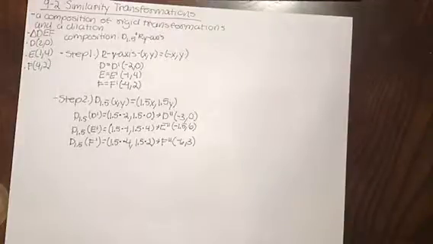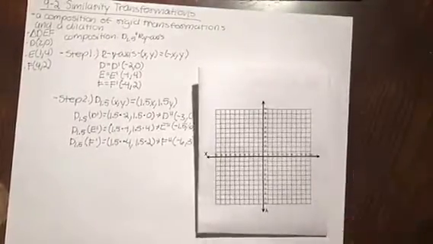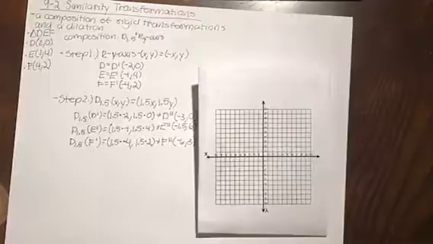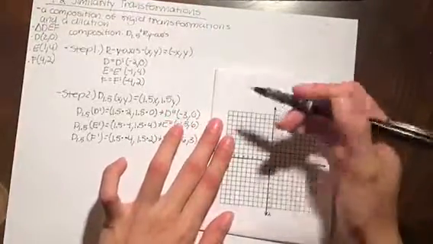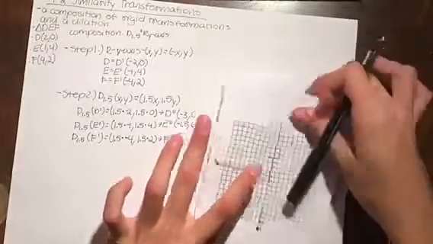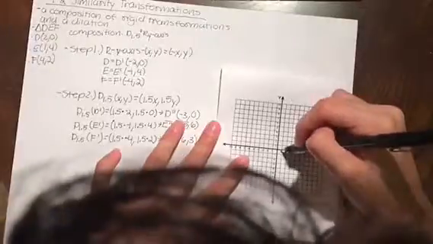Now that you have your vertices, you then need to graph the original points of triangle DEF, which is (2, 0), (1, 4), and (4, 2).